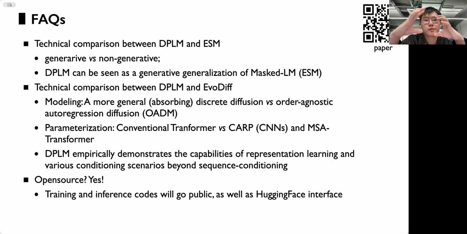We use a transformer as the neural network to better capture the structured data, and EvoDiff uses an MSA transformer or convolutional neural network based model. Finally, we empirically demonstrate our model can do representation learning and conditioning beyond sequence conditioning.